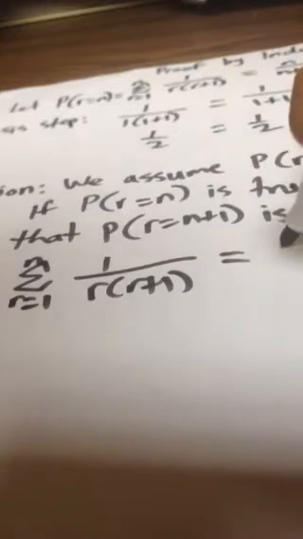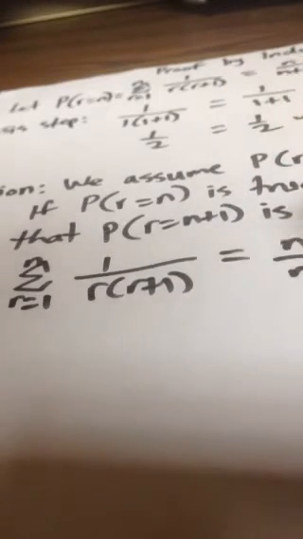That is, we assume that the summation of r going from 1 to n of 1 over r into r plus 1 is equal to n over n plus 1. We assume this to be true.